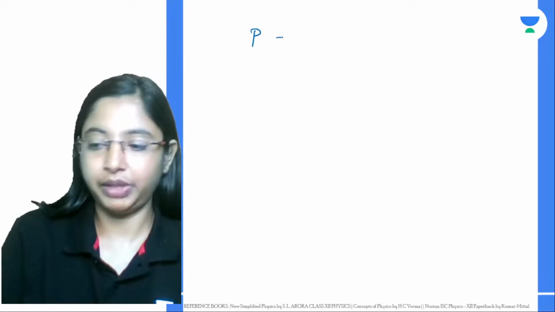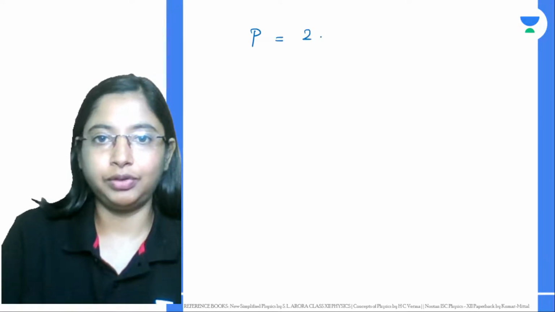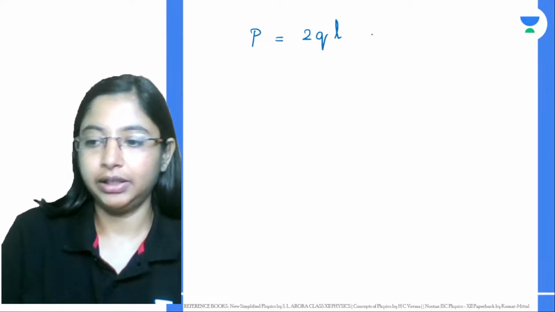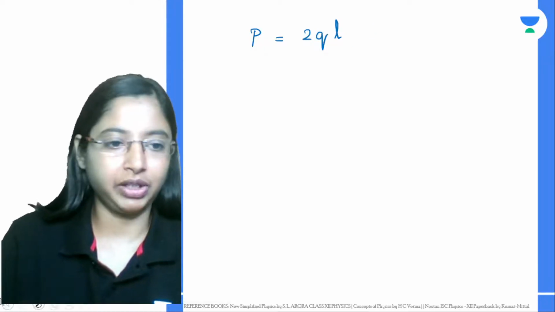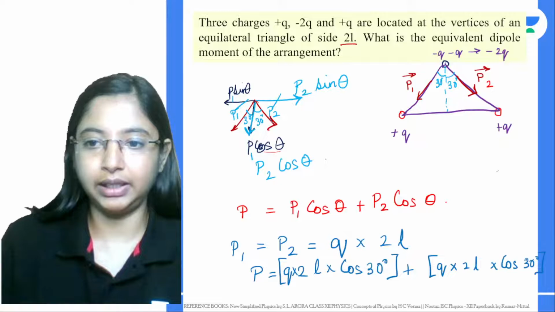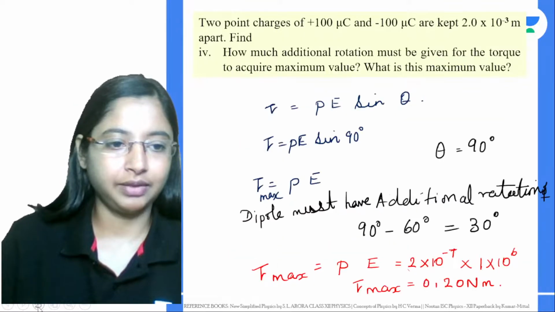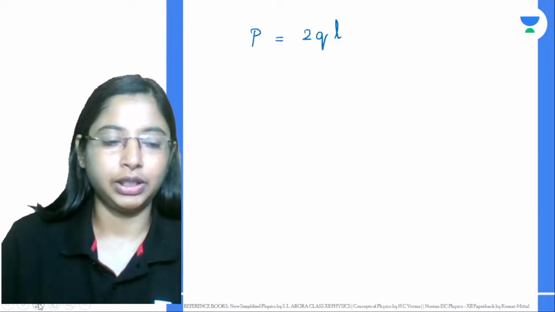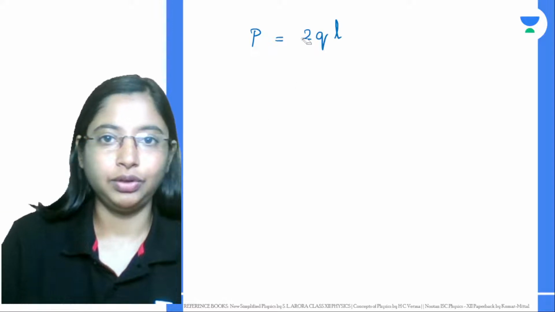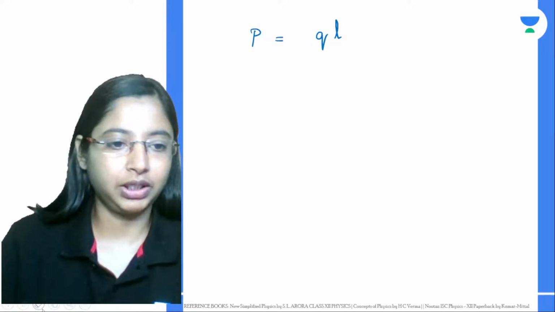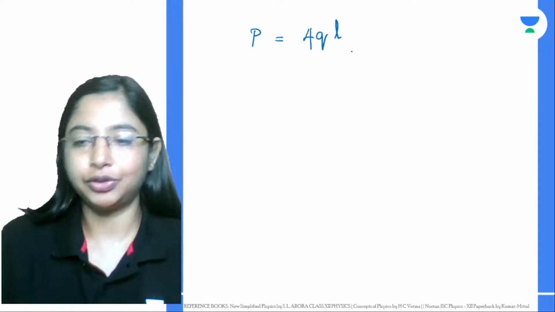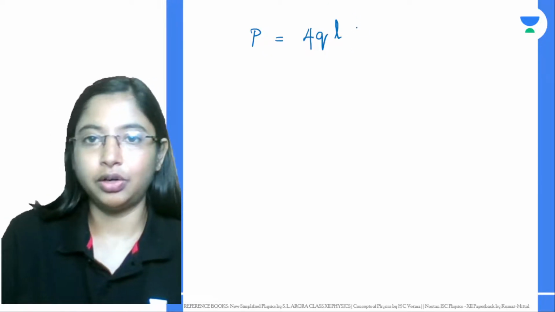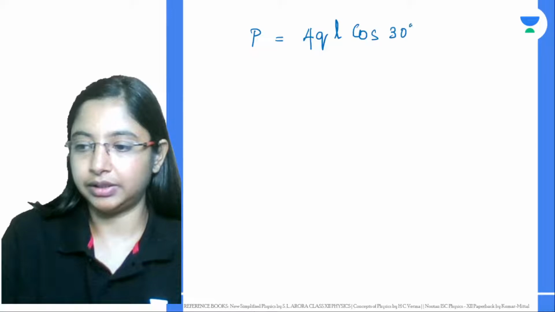So P would be equal to, okay, we have 2QL cos 30 degrees, and same thing again, 2QL into cos 30 degrees. So that's somewhere around 4. So this will basically give you 4QL. So totally you will get 4L into Q into cos 30 degrees.